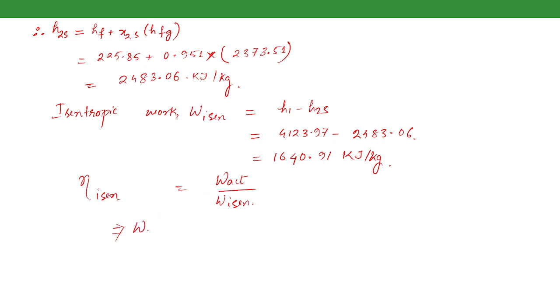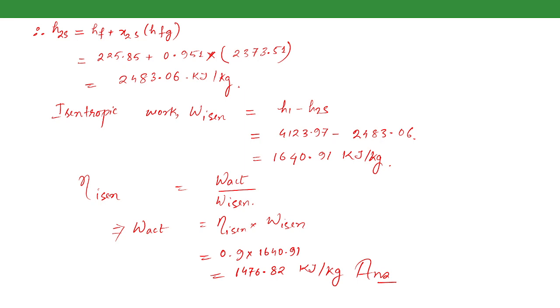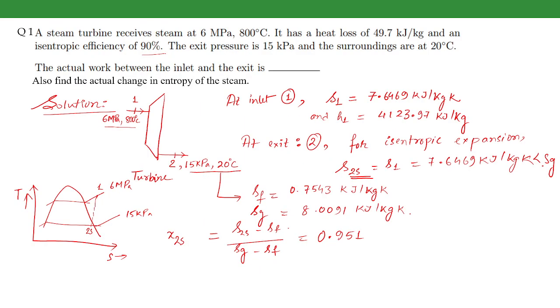So the actual work is the isentropic efficiency multiplied by the isentropic work. So this is 0.9 multiplied by 1640.91, which comes out to be 1476.82 kilojoule per kg. This is the actual work between the inlet and the exit.